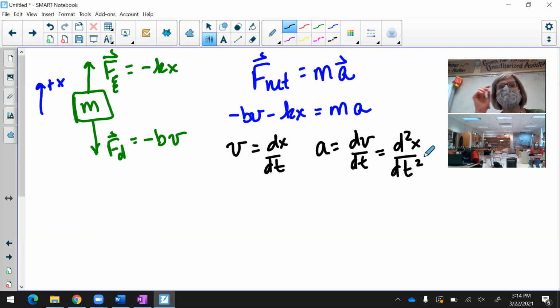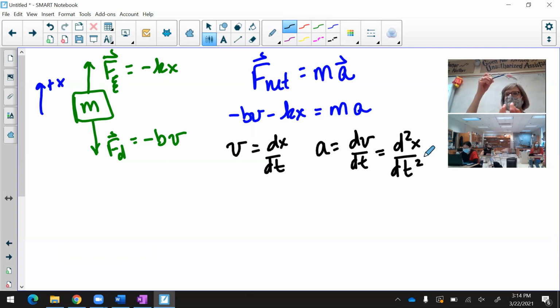And so because X and V are just in one dimension, they're either going to be positive or negative. So if here's my equilibrium point, if my X is below the equilibrium point, then X is negative. So KX is going to be positive and pull it up.